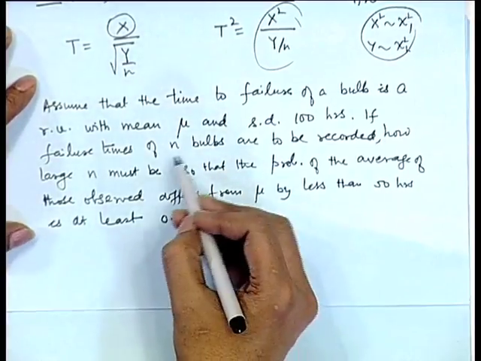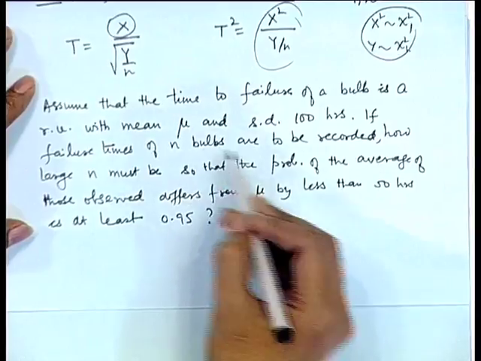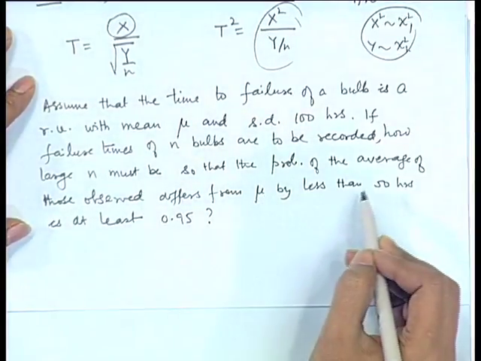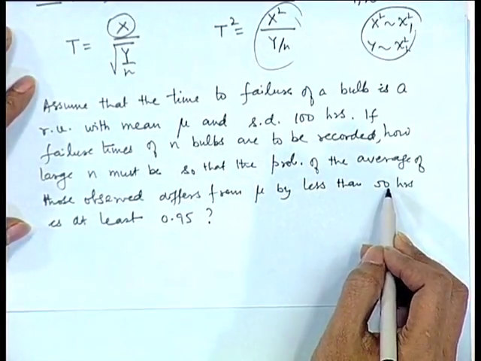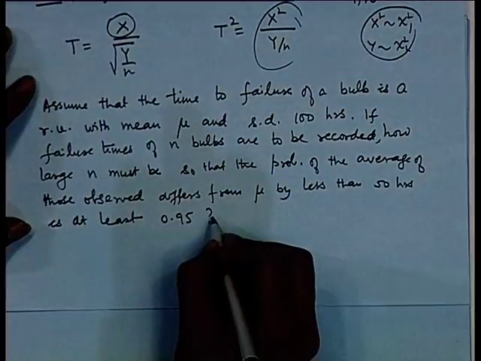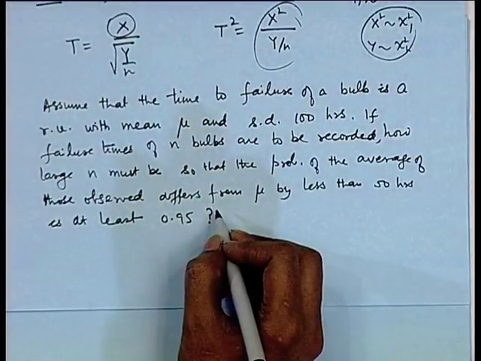That means, how much should my sample size be such that the sample average and the population mean differ by less than 50, and this probability should be at least 0.95.